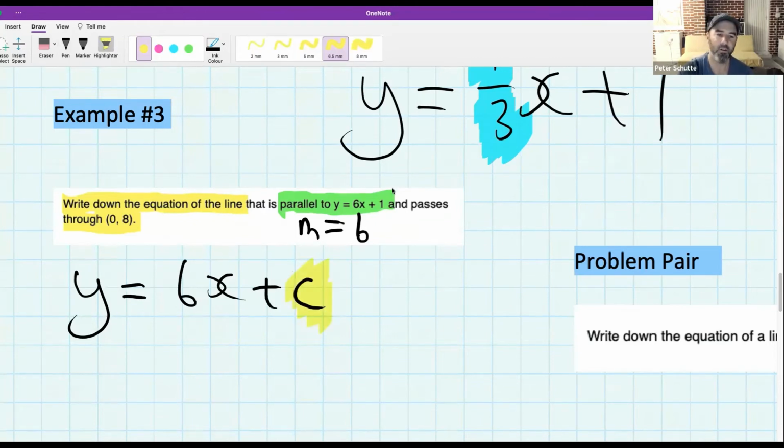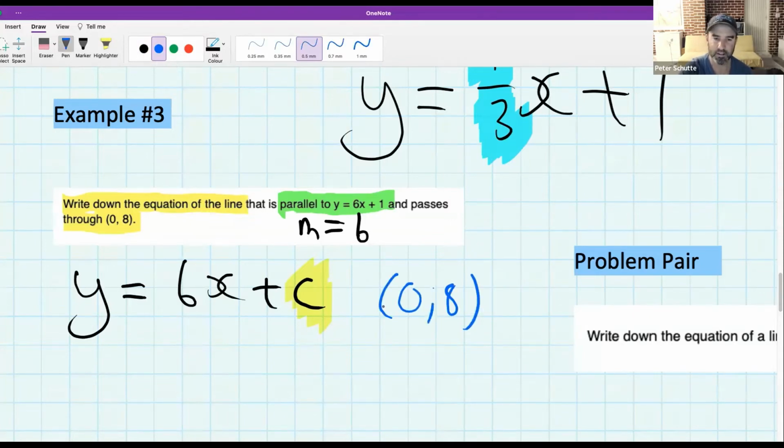Now, there are different ways of doing this. Some of you will recognize that the point (0, 8) is the y-intercept. But what I've done in the past when teaching this, if I want to figure out an unknown, is write down the point next to the equation, and then take this point and substitute it into the equation of the straight line. So remember, this is x and this is y.